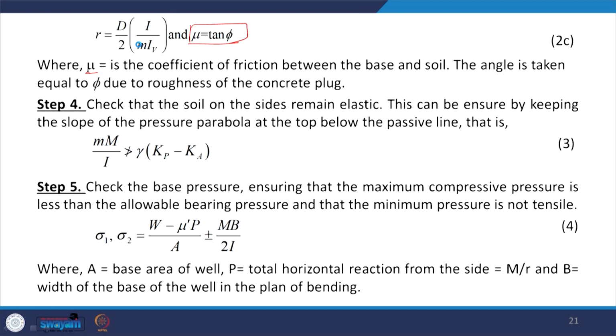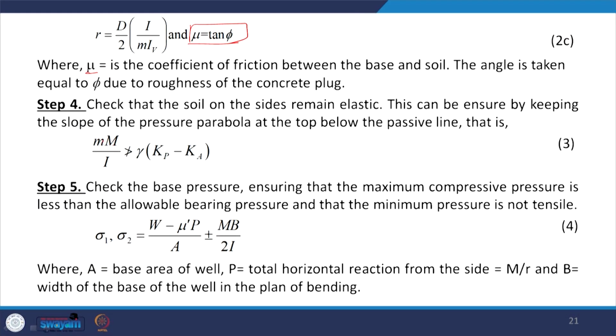The second check for the well foundation says: check that the soil on the sides remains elastic. This can be ensured by keeping the slope of the pressure parabola at the top below the passive line, that is, this product m multiplied by capital M divided by I should not be greater than gamma into Kp minus Ka. Gamma is the unit weight of the soil. Kp and Ka are earth pressure coefficients.